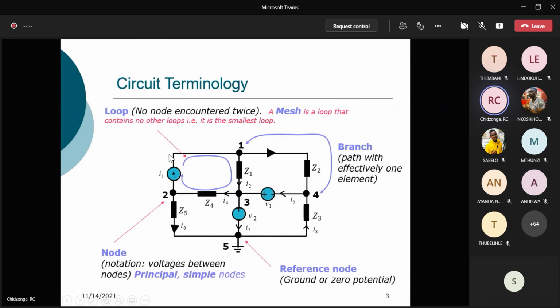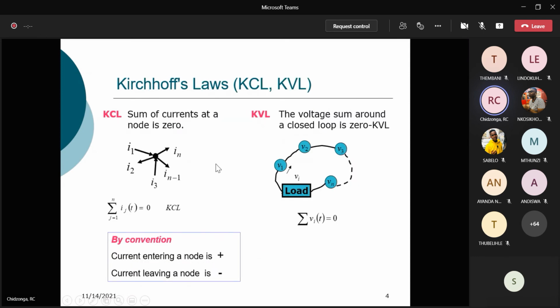So, few minutes. Now, these are laws which we are quite familiar with. And you'll see that most, not all, of the circuit analysis techniques are actually based on these most familiar laws of Kirchhoff, which is Kirchhoff's current law and Kirchhoff's voltage law.